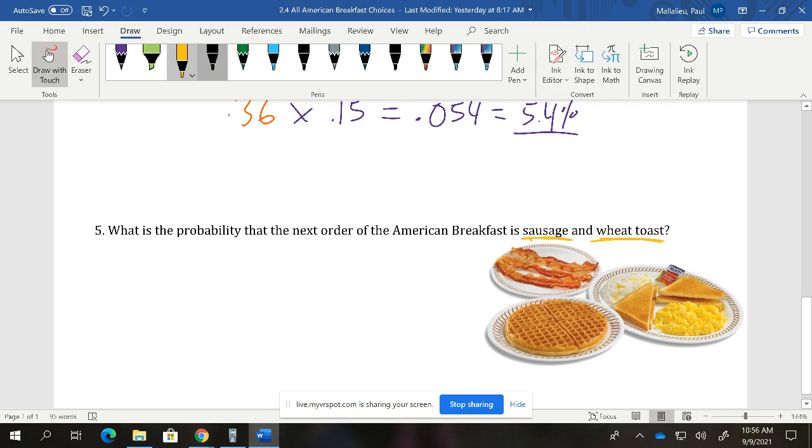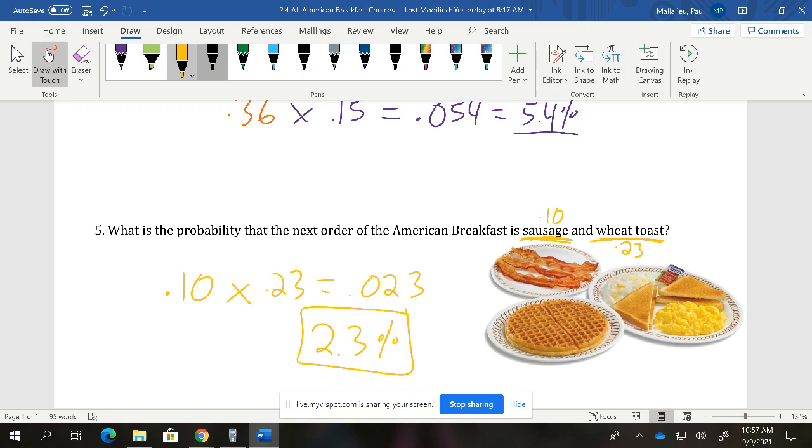So we've got 0.10 for our sausage. And then we said 0.23 for the wheat toast. And that's 0.023, which when we move our decimal is 2.3%. So very low probability for our options there.